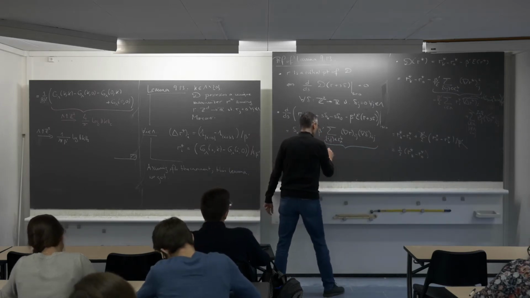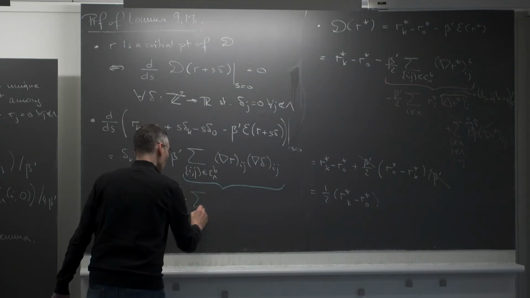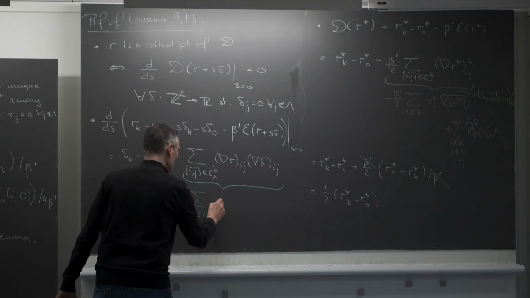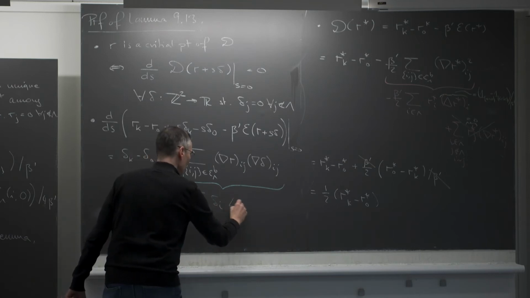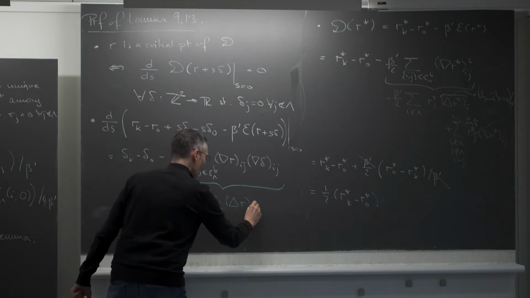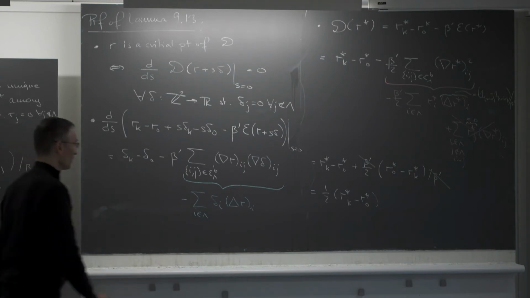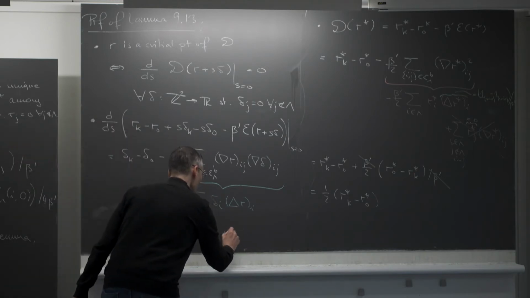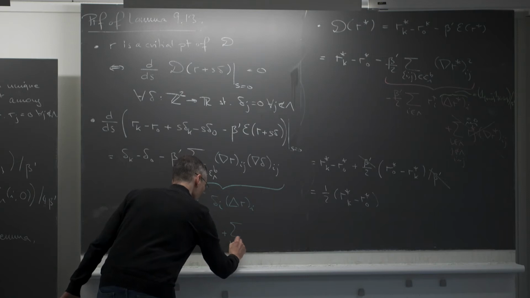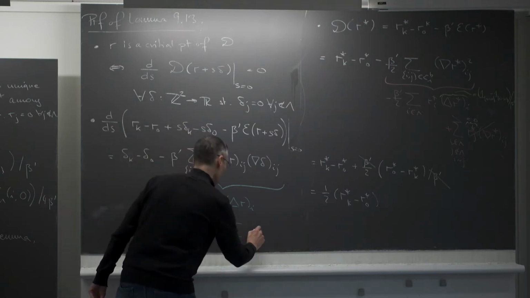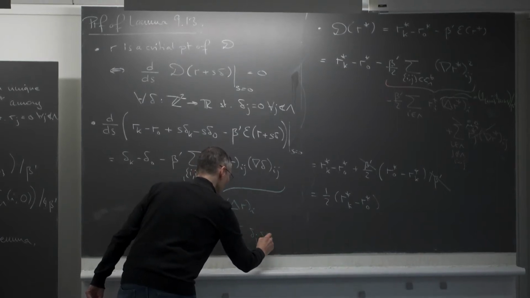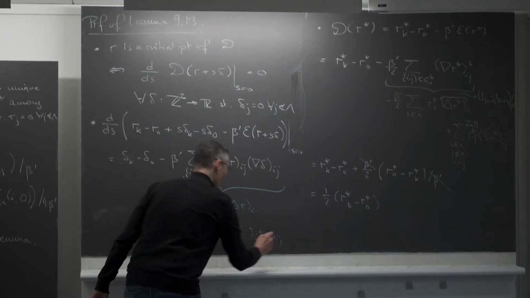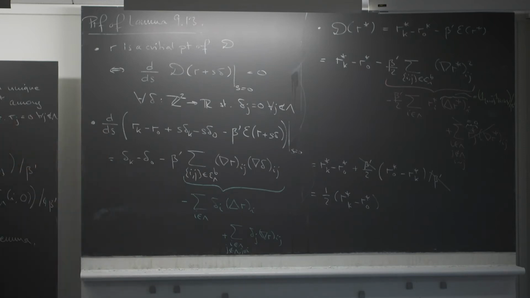So this is just minus the sum over all I in lambda, delta I, Laplacian R I, that's for the main term, and then we get a boundary term, which will be plus the sum over all I in lambda, J not in lambda, I and J neighbors. It's always the same. And then we get delta J, gradient R, Ij. Okay, always the same.